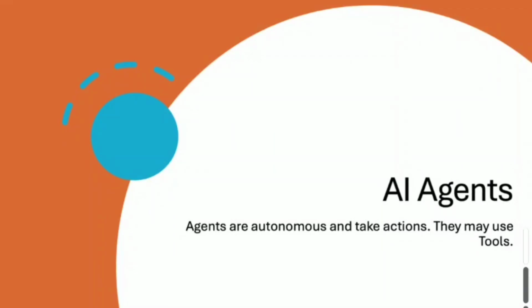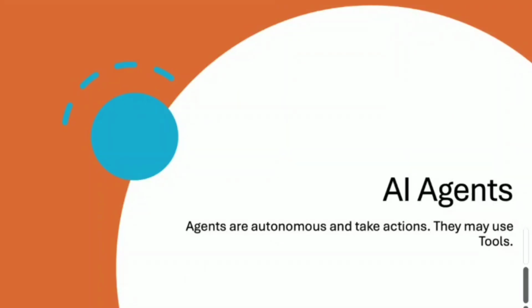Now let's talk about agents. Previously, I mentioned that a calculator is an AI tool. There could be many other tools that you write, right? Now let's talk about the agents.